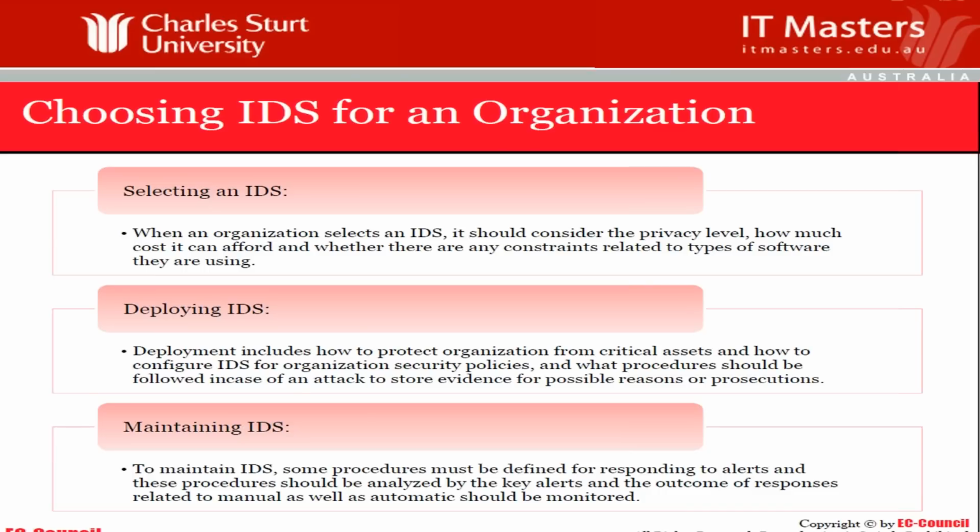This can also be detected by an IDS. Another important thing is maintaining the IDS. To do that, you should be able to define the responses, see the alert, and have some automatic or manual way to analyze the key alerts and the outcome to protect against any possible attack patterns.